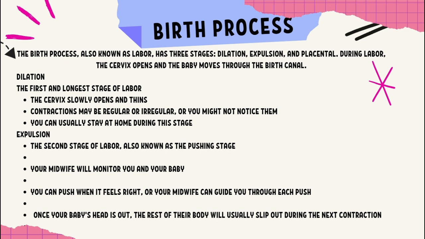So like the early, maybe 1 centimeter or 2 centimeters dilated, they don't need to be in the hospital, right? So when it starts getting serious and they keep having more contractions, more irregular contractions, or painful contractions, that is when they say, okay, we need to go to the hospital. So then expulsion, which is the second stage of labor, also known as the pushing stage.